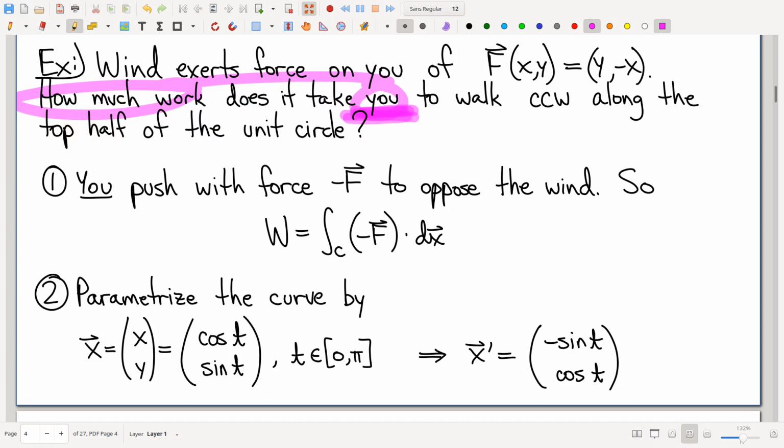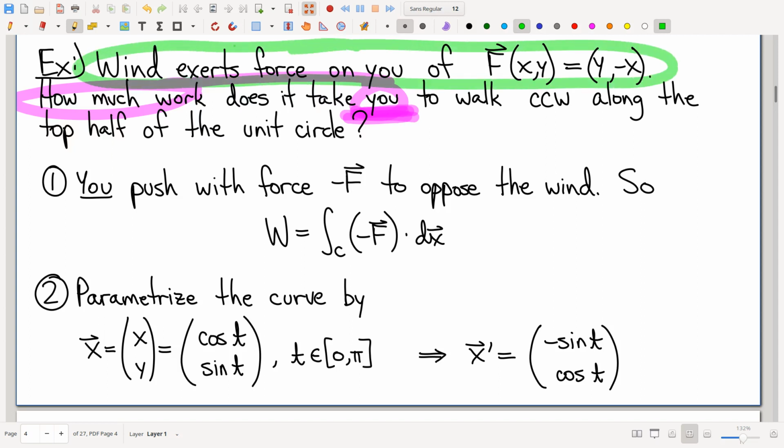The wind is blowing on you. So the point here is that if the force given is what the wind is doing, then you are pushing with the negative of that force. And thus this minus sign right there. Everybody good?